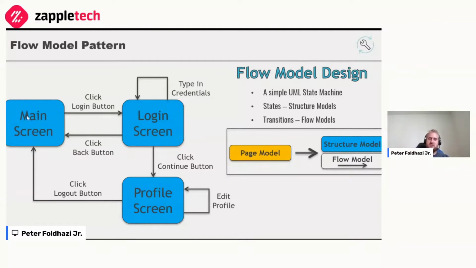So the screens and the actions are together, and you don't really get to see where you're going from. You see where you are, you can see what you're doing, and you just get somewhere. In the flow model, you see how you get from one screen to another, so what's actually going on in your entire system.